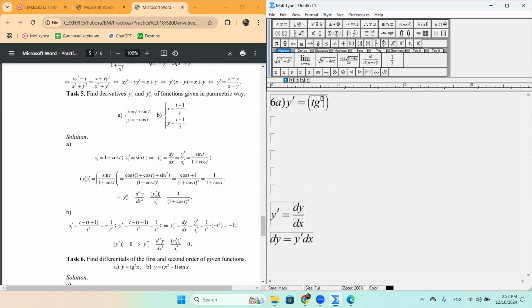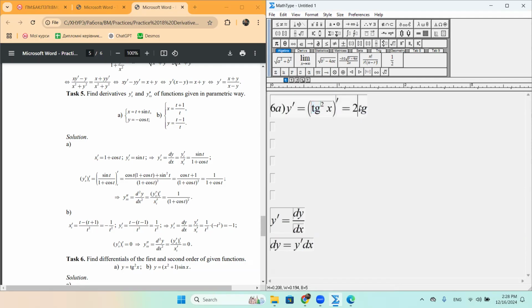Tangent square of x, so it equals 2 tangents of x multiplied by 1 over cosine square x.